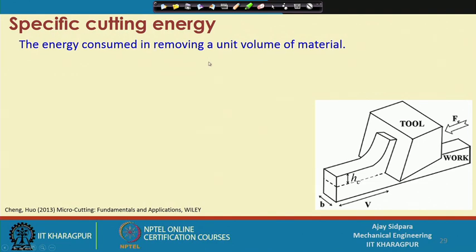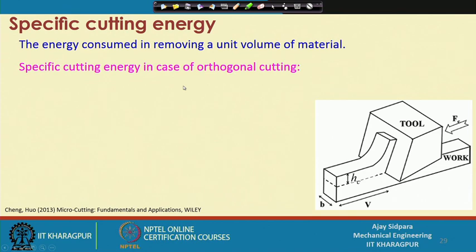So, that is called specific cutting energy, and in the orthogonal case this is the equation by which we can define it, that is Fc into V. That will give you the energy requirement, and B is the width, Hc is the uncut chip thickness, and V is the cutting velocity.